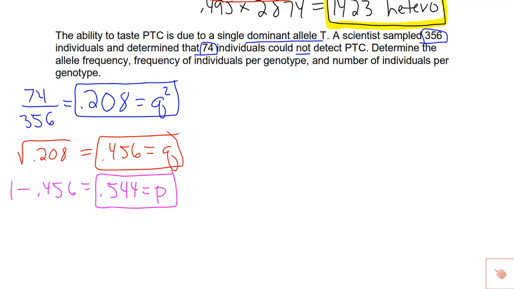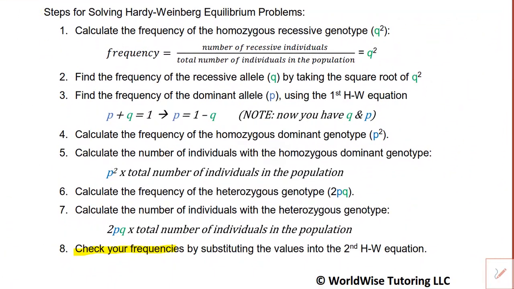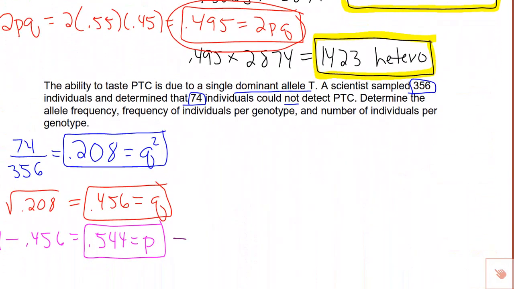Now that I have my p and my q, I can basically just go through all the rest very simply. We'll take a look at step 4. We'll calculate the frequency of the homozygous dominant genotype by squaring that p value. So I'm going to take this p value and square it. p squared is therefore going to be 0.296. That's my frequency of individuals that have the homozygous dominant genotype.